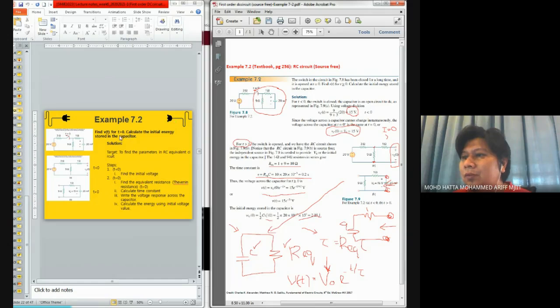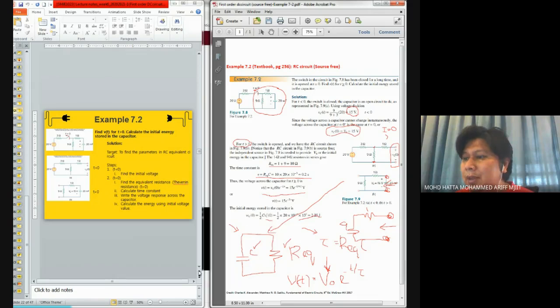For the second question over here, if this is a question in your test worth 10 marks, maybe the second part contributes about 2, maximum 3 marks. I think it's about 2 marks for the initial energy, and the other 8 marks come from finding V of t.